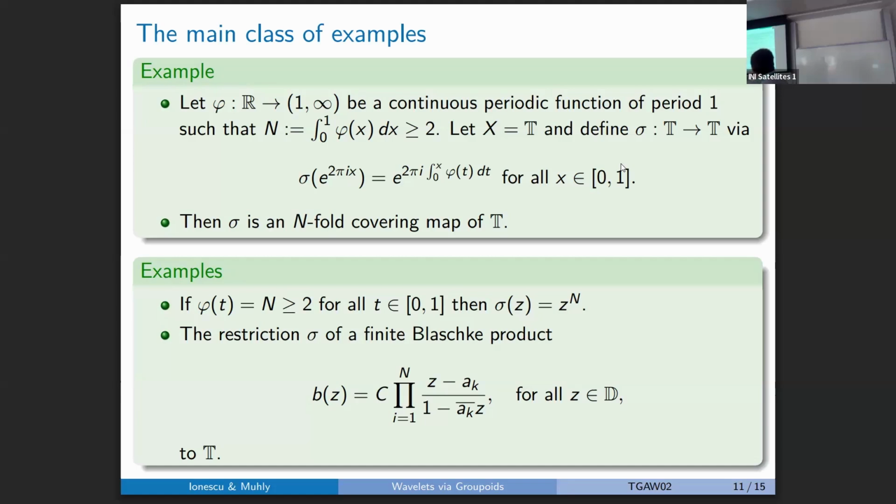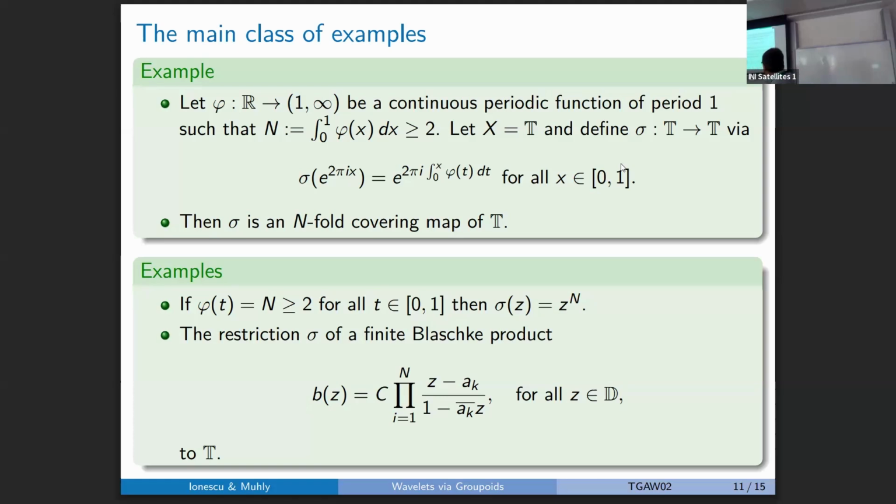We start with a continuous function phi, at least one, periodic of period one, so the integral from 0 to 1 of phi of x dx is an integer, at least 2. Then this defines a local homeomorphism on the torus by basically sending z equals e to the 2 pi i x to e to the 2 pi i integral from 0 to x of phi of t dt, and it can be shown that this is an n-fold covering map of T. And in the next couple of slides, if you want to just keep in mind phi of t equals n, because then the integral is just nx, and so then sigma of z equals z to the n, that's more than fine.